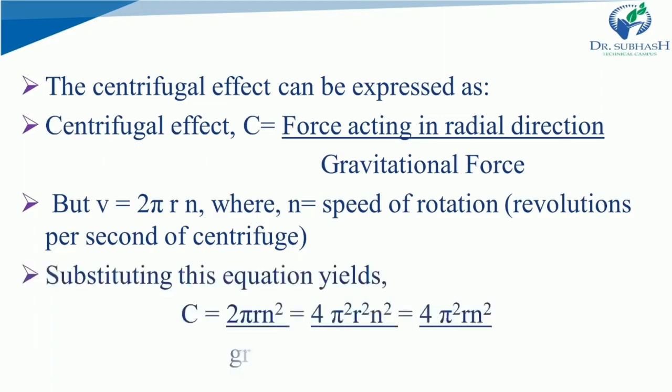Substituting this equation, you will get C equal to 4 pi square R square n square divided by g R, which is again equal to 4 pi square R n square divided by g. Remember this equation, because it will help you in getting the final centrifugal effect mathematical expression.